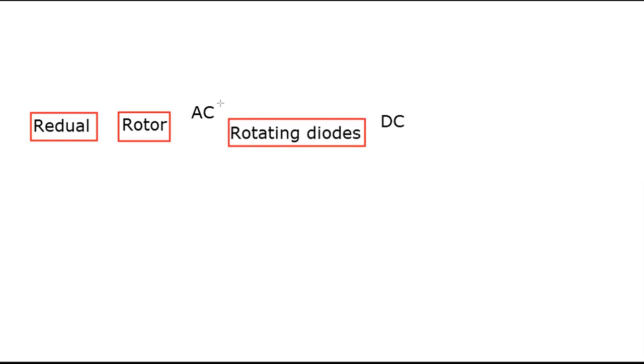You have some residual at L1, the residual cutting the rotor will produce three-phase AC. The three-phase AC will produce DC. The DC will supply the main rotor to create the field.